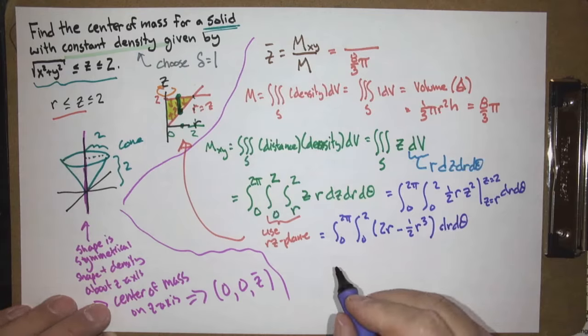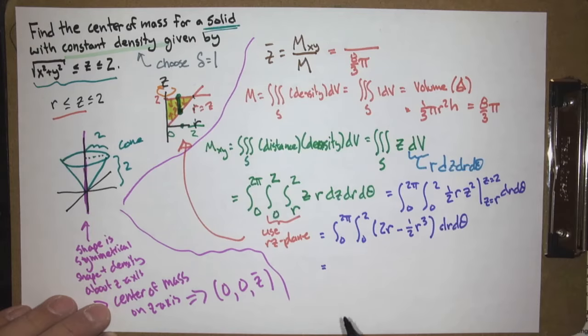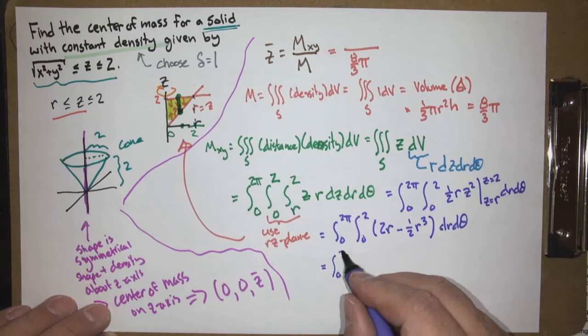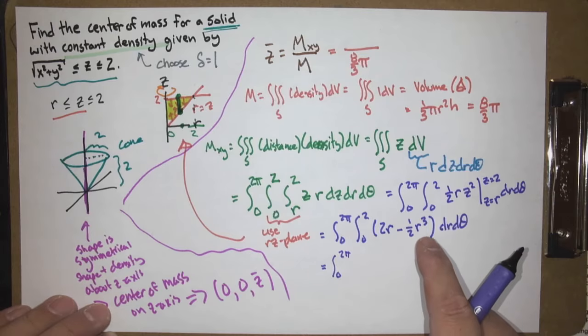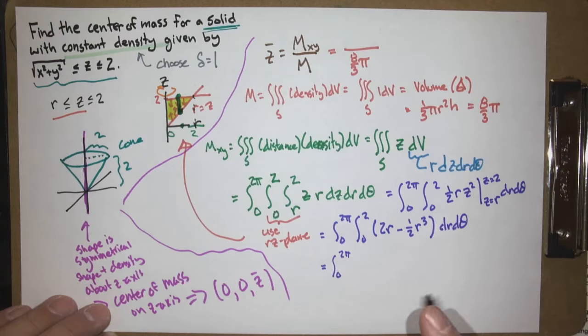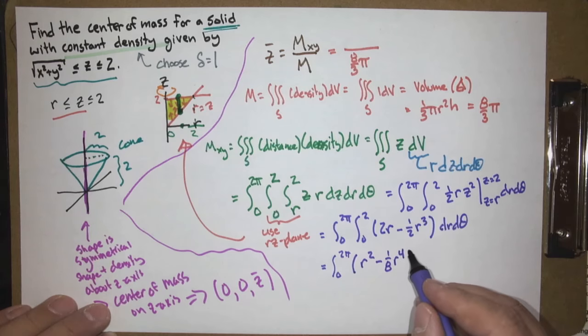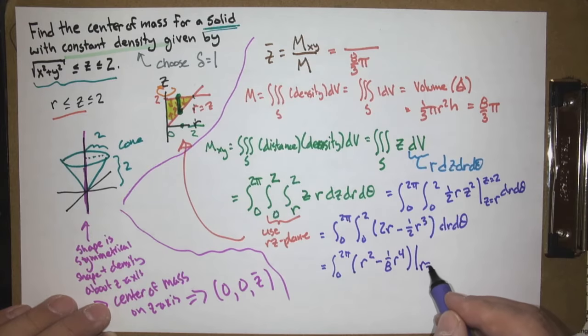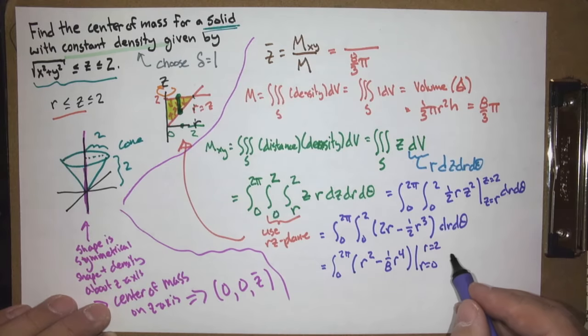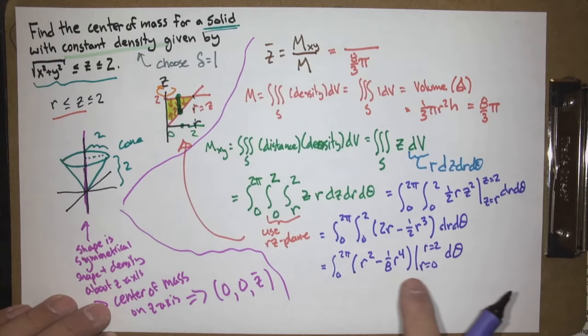Okay, well now we integrate these pieces. What's the integral of 2r minus 1/2 r cubed with respect to r? R squared minus 1/8 r to the 4th. And I'm thinking, oh my gosh, are we going to have to deal with fractions? Let's find out. Good news, when you plug in 0, you get 0. Woohoo! Still check.